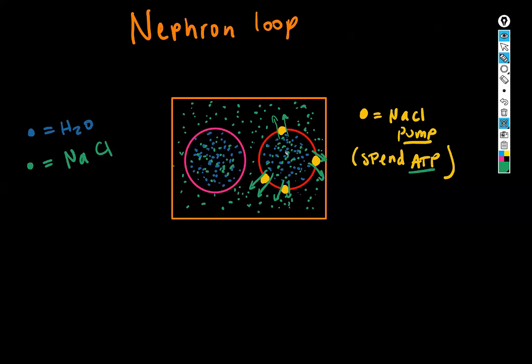So that ends up giving us a condition, and don't worry, I'm going to redraw my water dots here. Giving us an internal condition where the red tube, because it's moving sodium chloride out, has more water in it and less sodium chloride.